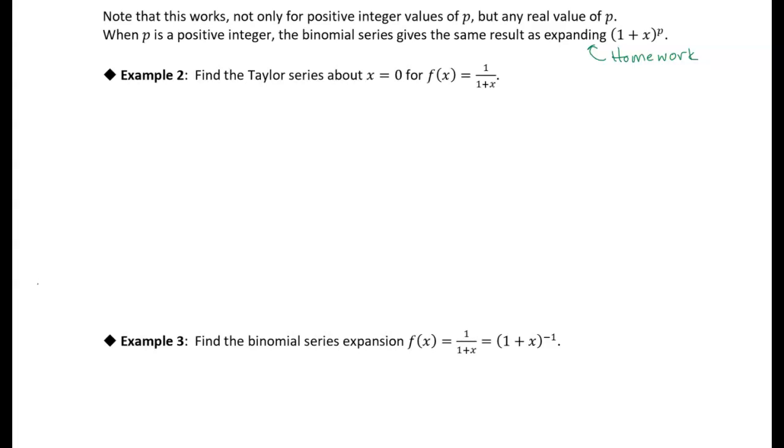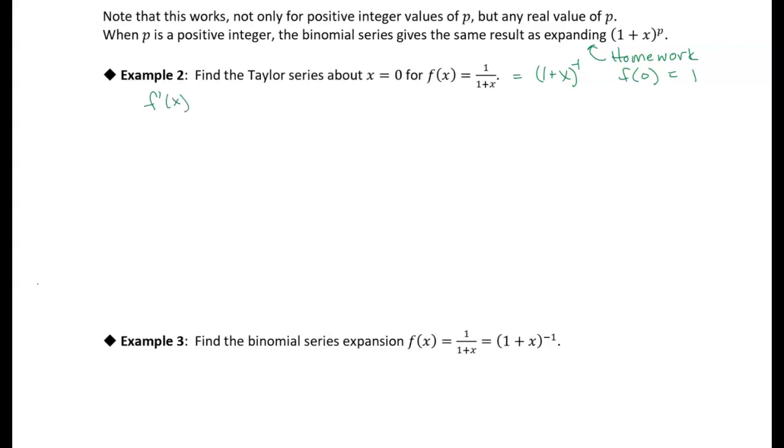So if we were to do the Taylor series expansion for this, we have f of x equals 1 over 1 plus x, which is the same thing as 1 plus x to the minus 1 power. And f of 0, when we put in 0, we get 1. We're going to need that. So let's just start taking derivatives.